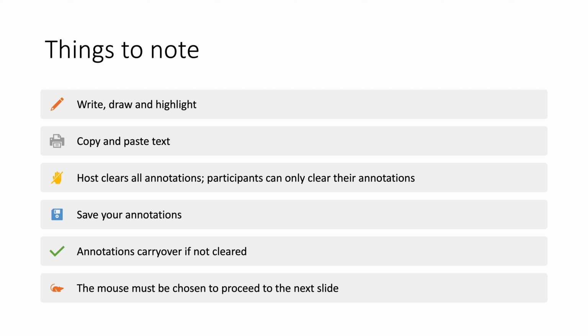As the host, you can clear all annotations, but participants can only clear their own annotations. You can save your annotations. Annotations from one slide go to the other slide if not cleared. So you'll have to choose the mouse tool on the annotation toolbar so that you can get your cursor back and proceed to the next slide.